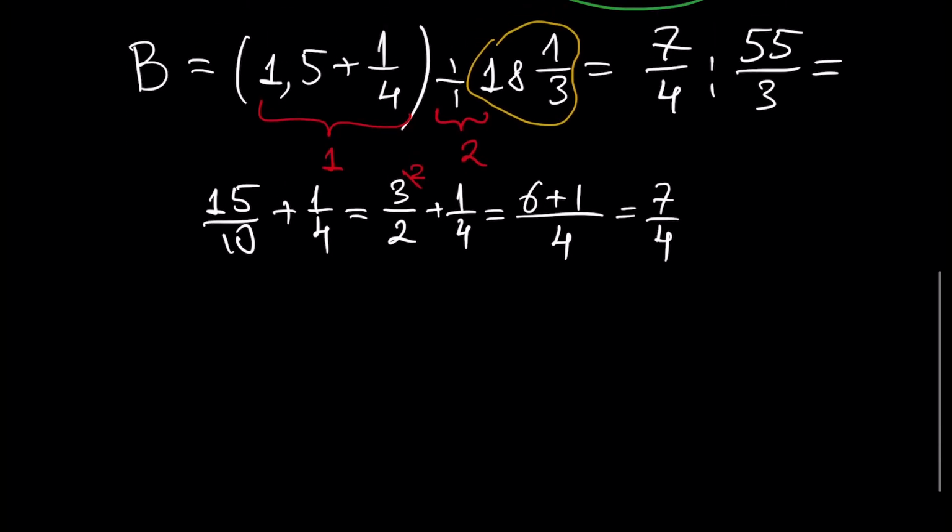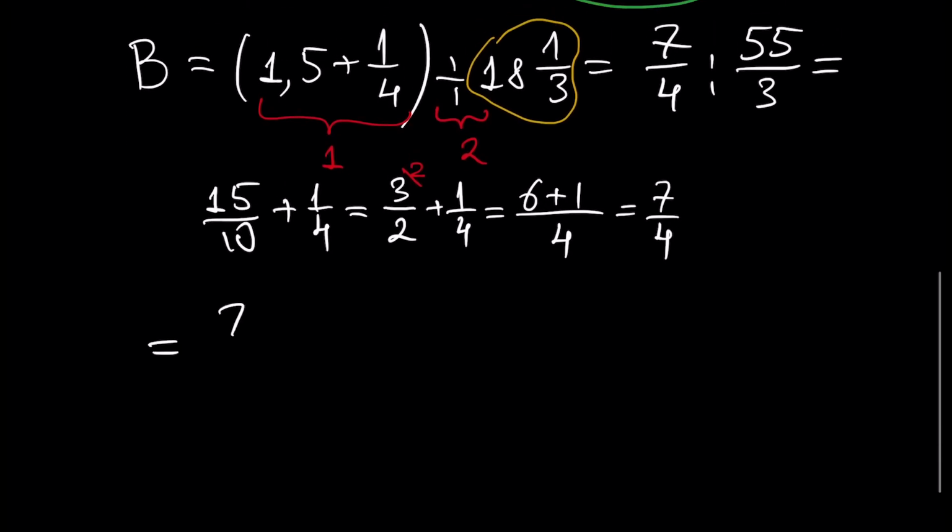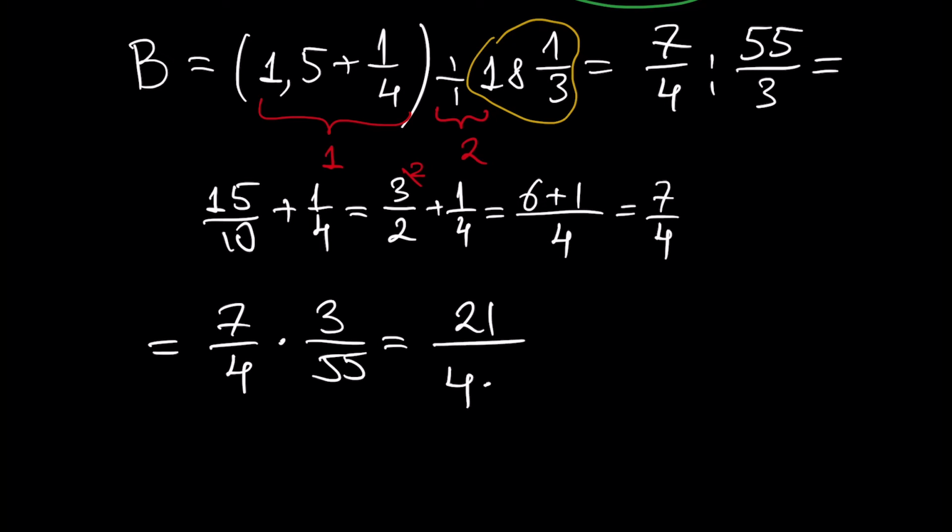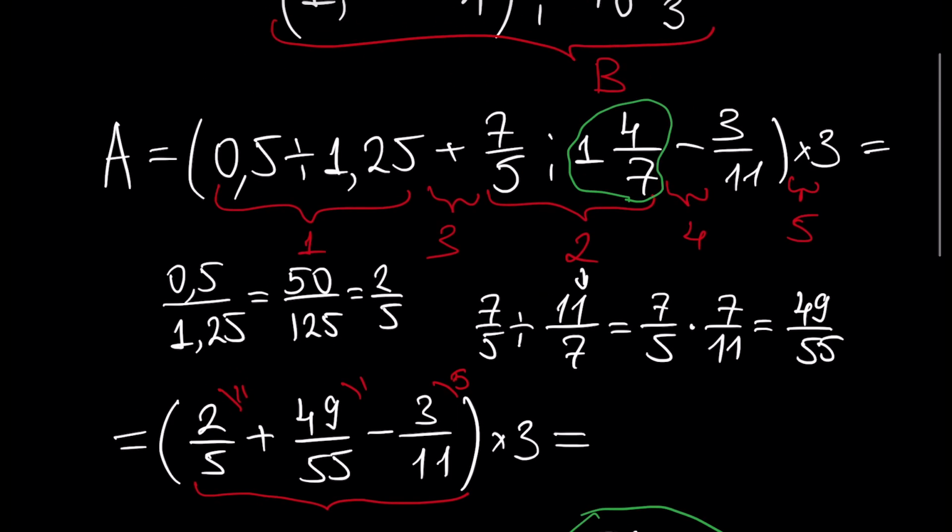If we rewrite it, it will be 7 over 4 times 3 over 55. We transformed our division and wrote it as a multiplication. So we have 21 over 4 times 55. This is our b. And let's turn back to our initial problem.